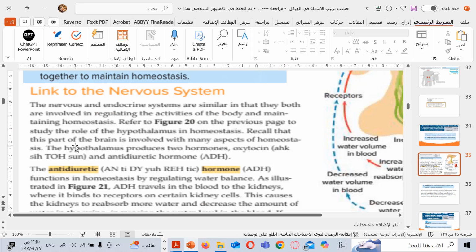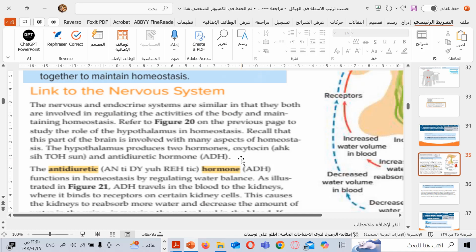Recall that this part of the brain is involved with many aspects of homeostasis. The hypothalamus produces two hormones. I return again: the hypothalamus is a part of the nervous system. It produces two hormones: oxytocin, this is the first, and the antidiuretic hormone or ADH.